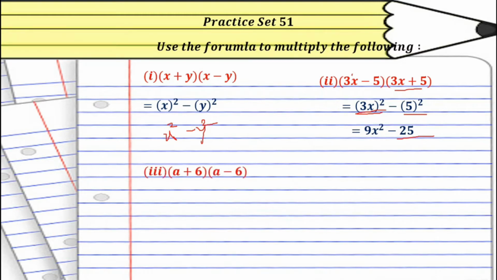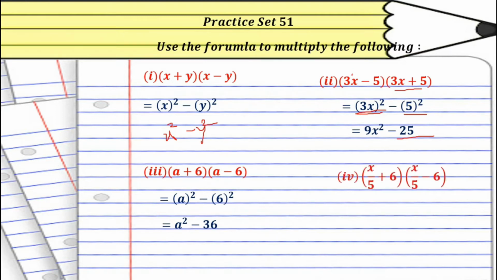Okay, and now the third question, (a plus 6) and (a minus 6). So a raised to 2 minus 6 raised to 2. So a raised to 2 means a square, and 6 raised to 2 means 36.